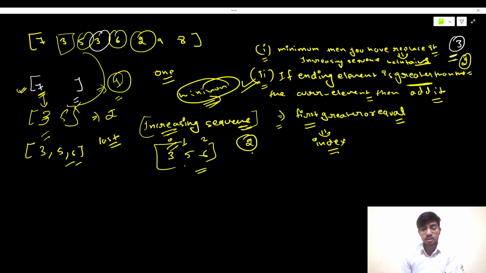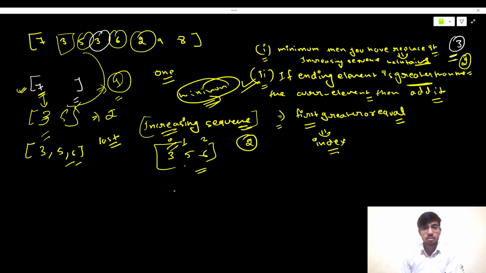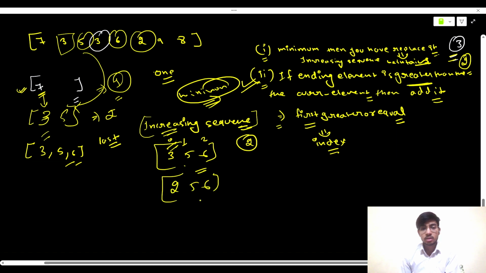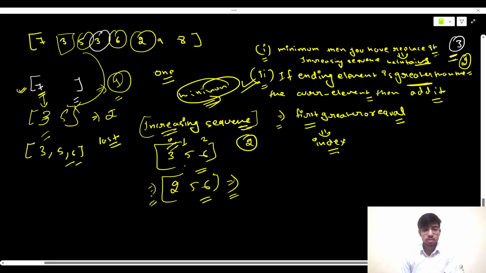Why? You found the first greater element of 2 is 3, and the index of this is 0. So you replace it, and this is an increasing sequence.